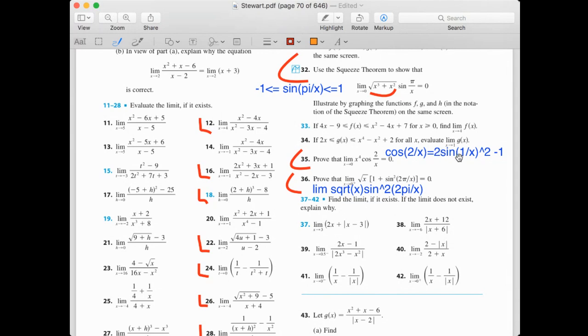Remember, 2 sine squared minus 1 equals the cosine of the double angle. Because if we have a square term, we won't be able to manufacture -1. It's bounded between -1 and 1.